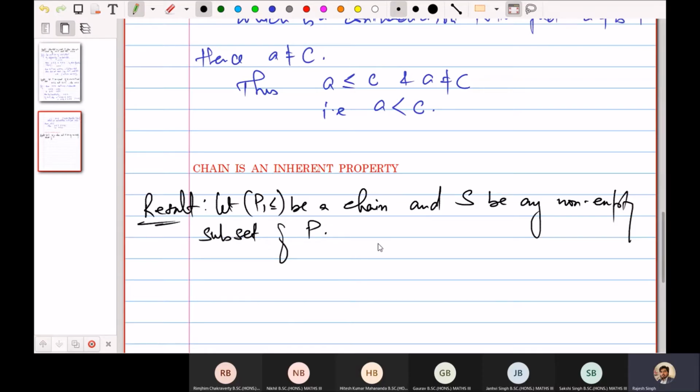Let P be a chain and S be any non-empty subset of P. Then S is also a chain. So how will you prove this?